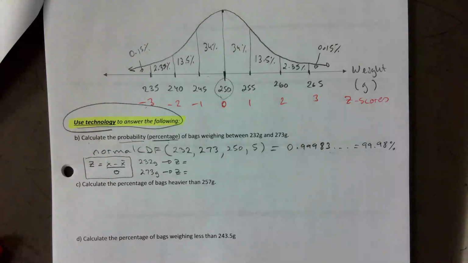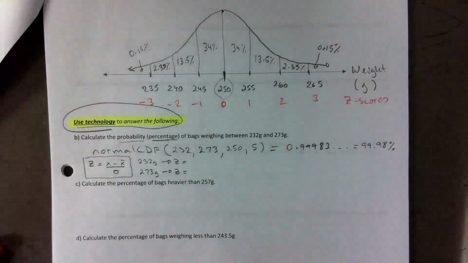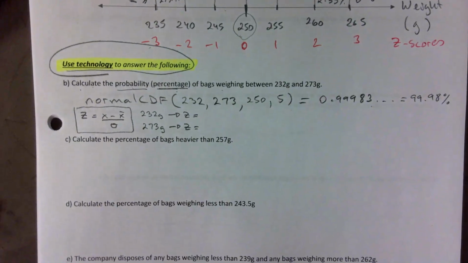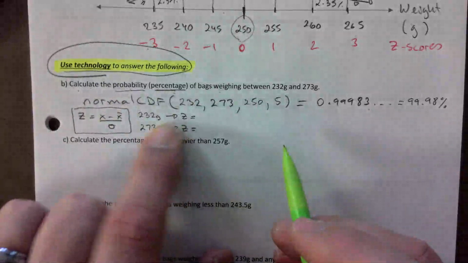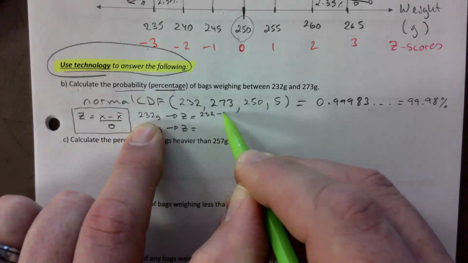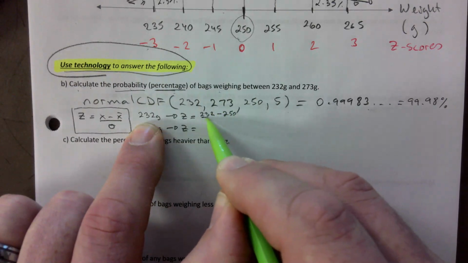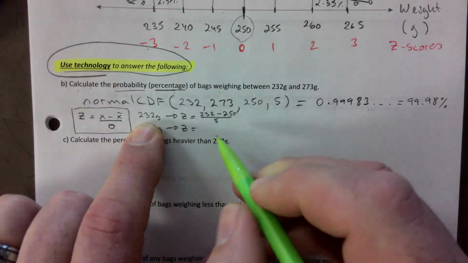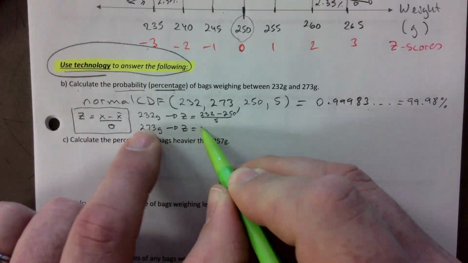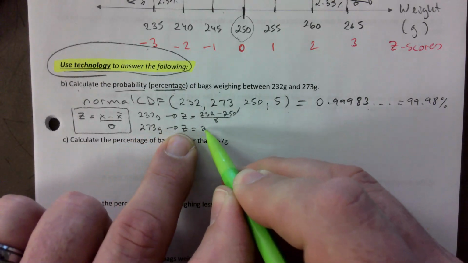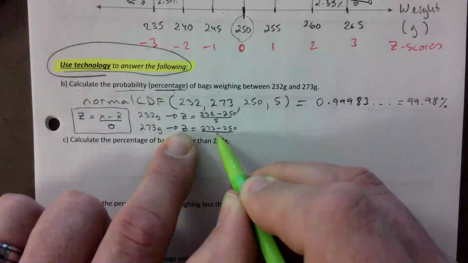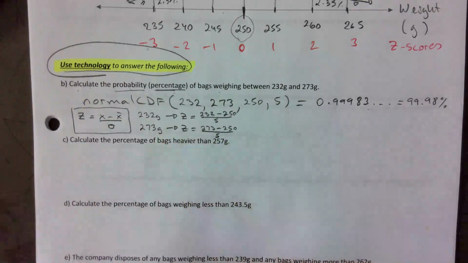And it's going to be tight, I know that. I'm going to zoom into that part so you can write it down properly. You can see it, right? So let's calculate the z-score for 232. It would be 232 minus 250 over 5. We'll figure that out in a bit. For 273, the z-score will be 273 minus 250 divided by 5. Can you see that? I hope so.